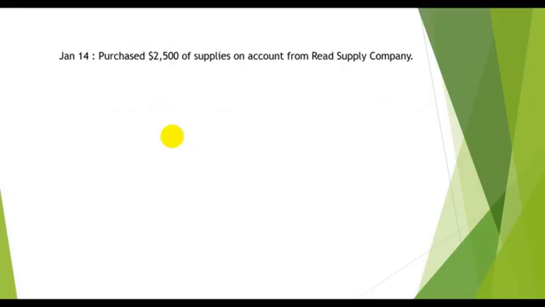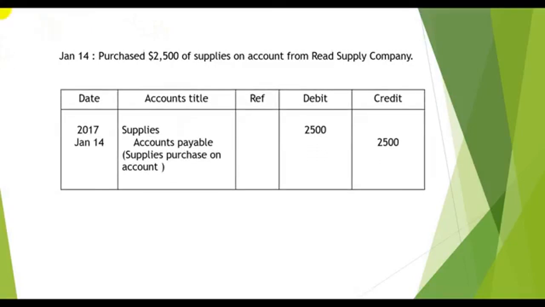Now come to the next transaction on January 14. Here we see purchase of 2,500 cash of supplies on account from Reed Supply Company. And here we see the solution. The solution is supplies 2,500 on debit, and accounts payable 2,500 on credit.